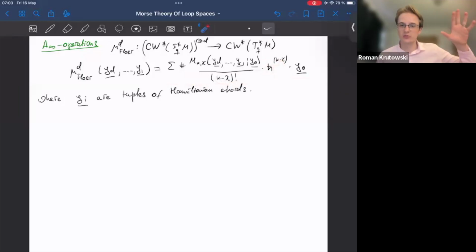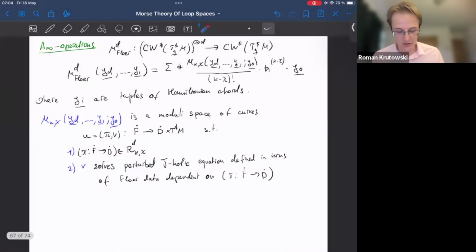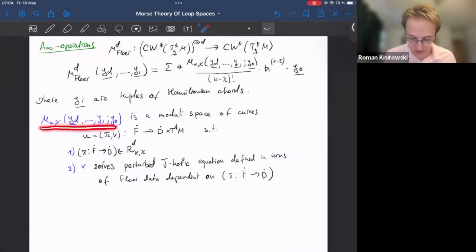So again, these branch points on the Floer side should normally correspond to the switching points on the Morse side. And these moduli spaces count curves from a certain domain F to D times T*M.